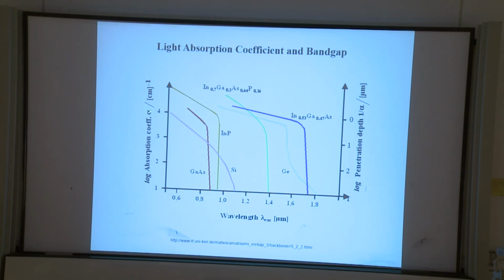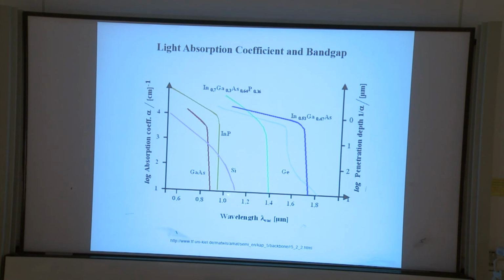Alpha means absorption coefficient. It is a parameter to test whether a material is efficient for light absorption at certain wavelengths of light. Usually, on the left-hand side, the wavelength of the photon becomes smaller, which means the energy is larger.